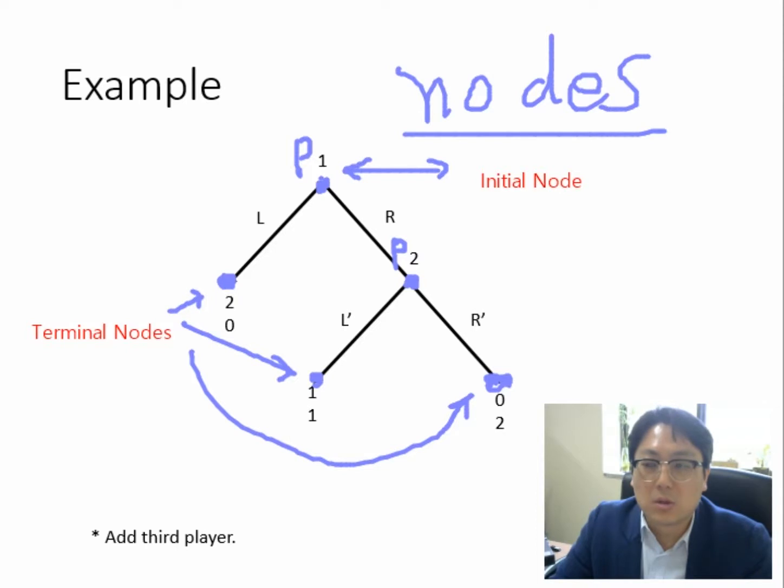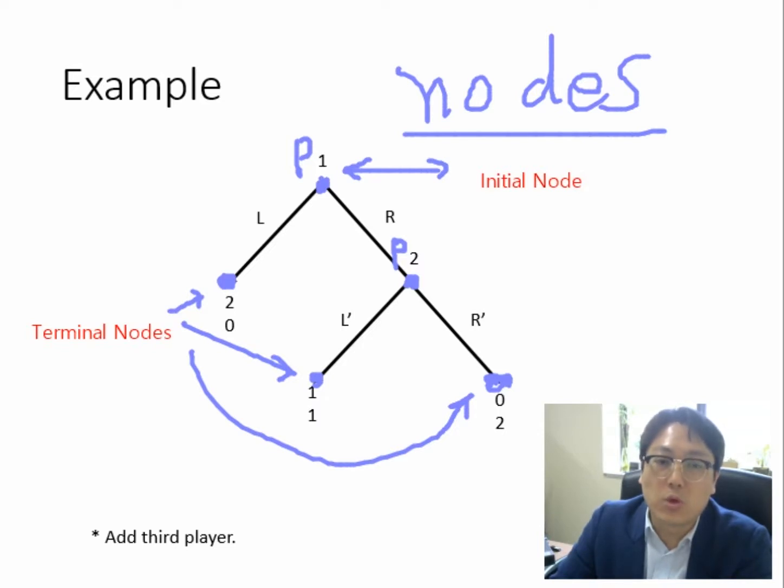At the terminal nodes, they just tell us what the outcome is, not telling us who is going to choose an action. It does not tell us that, but the initial node and the nodes which are not terminal nodes tell us who is going to choose an action. So here, the first player is going to choose an action.